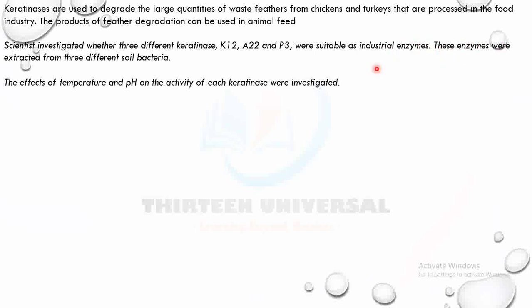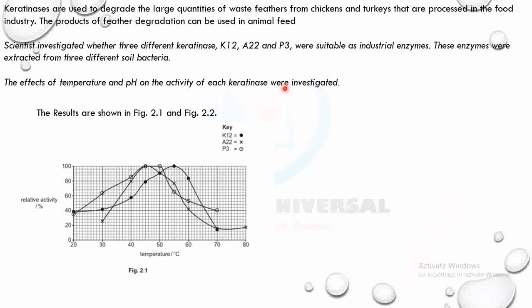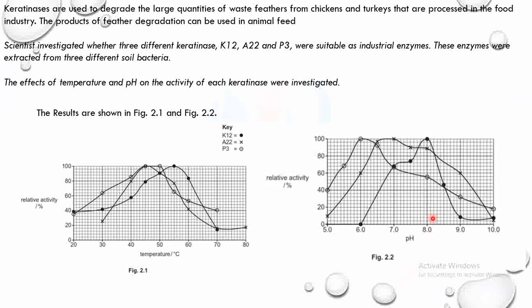These enzymes were extracted from three different soil bacteria. The effect of temperature and pH on the activity of each keratinase was investigated. So let's see the results. That's temperature, and that's pH. Let's go to the first question.